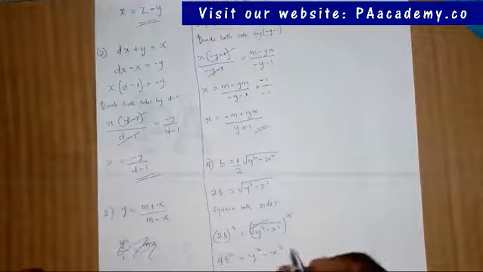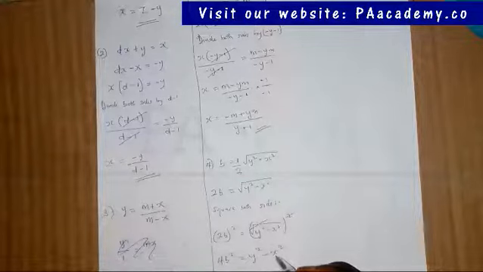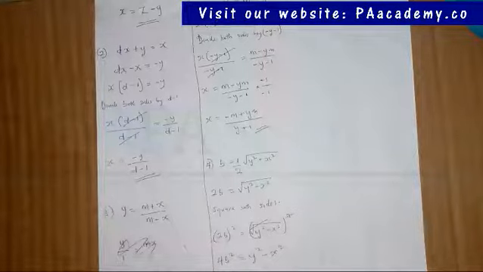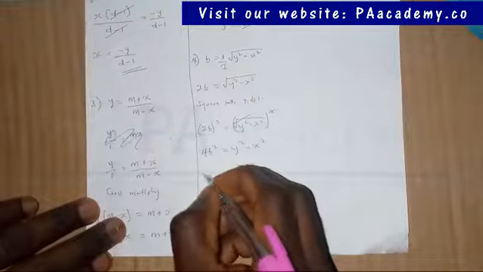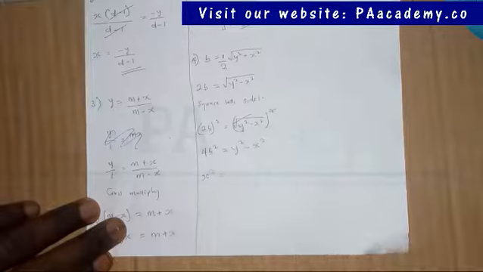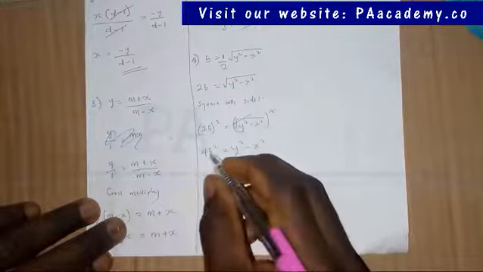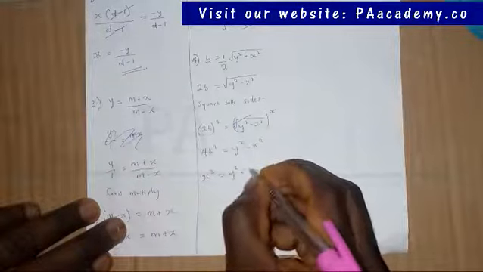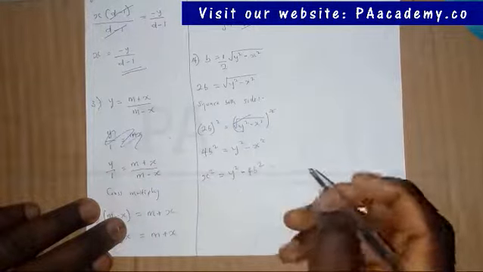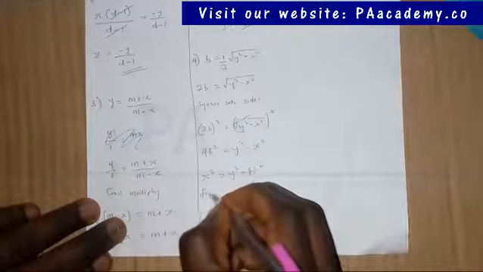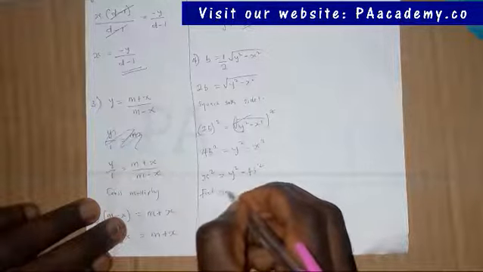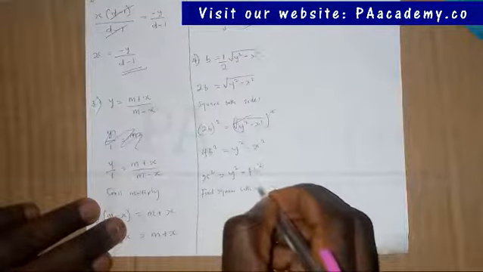Exactly. So what we do is, let's bring this minus x square to the left and take this 4b square to the right. So if this minus x square should come to the other side, it becomes x square equals to y square, and this, if this should come here, it becomes minus 4b square. So now, for us to cancel out this square, we find the square root of both sides.